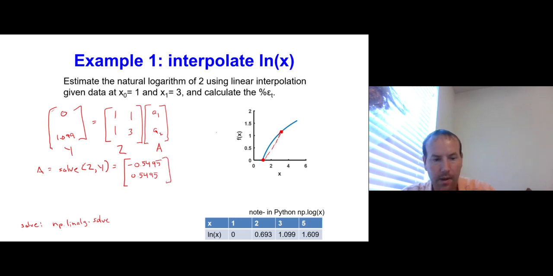That just solves the coefficients, and so now we need to plug this back into our equation to estimate what the actual value is at x equals 2. So f1 of x equals is where I'm plugging in my coefficients.